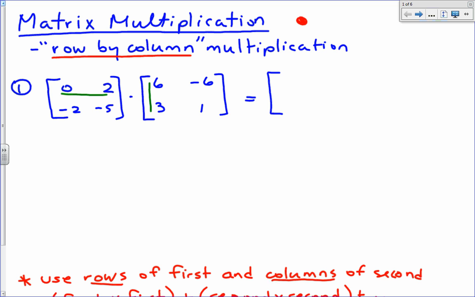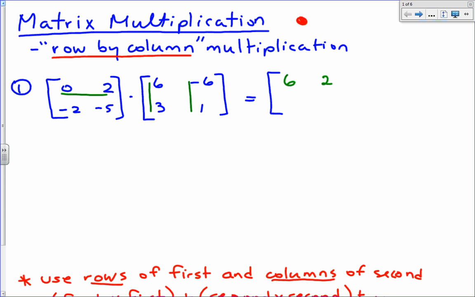And then I take the second number of each, and that'll be 2 times 3. And I add those together, so that'll be 0 plus 6 gives me 6. Then I'm going to take that top row, and I'm going to work with the next column. So that's 0 times negative 6 and 2 times 1, which gives me a 2.